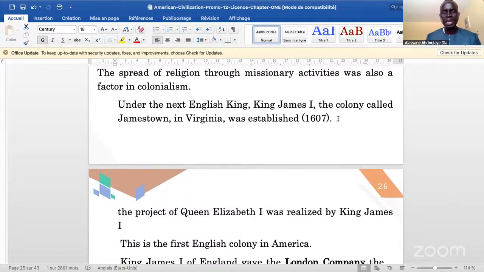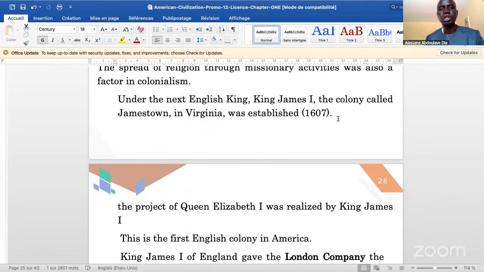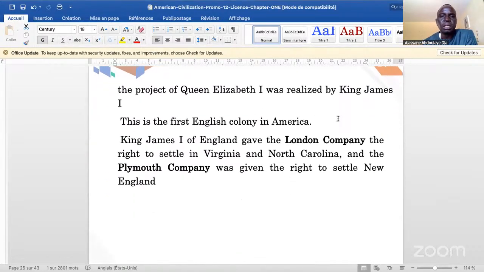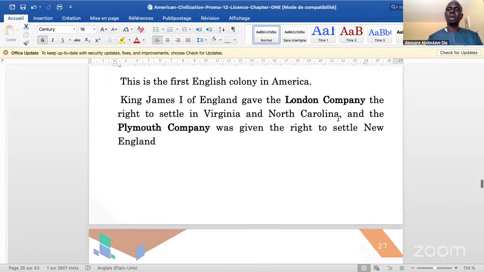And then when he sent colonizers, they established one, and that's why the colony took his name, Jamestown. But the name Virginia remained. So this means that, class, the project of Queen Elizabeth I was achieved by James I. And that is the reason why the colony took the name of King James. So this is the first English colony in America.